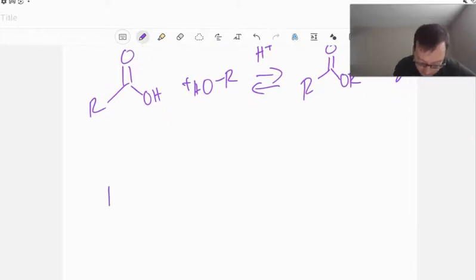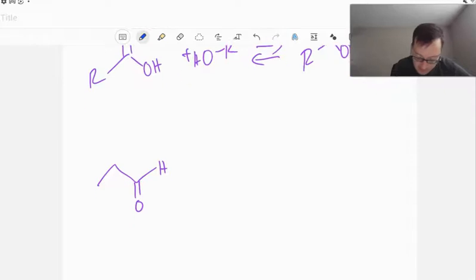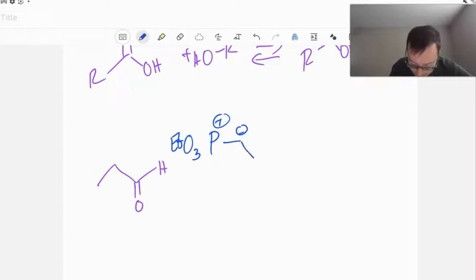Okay, so let's take this thing. And look, we'll even make it an aldehyde for once. Horner-Wadsworth-Emmons. What do we want to put on this? I don't know, methyl, and then, no, other side.